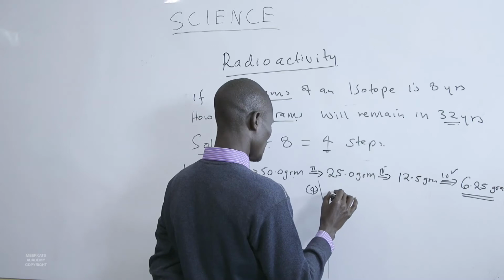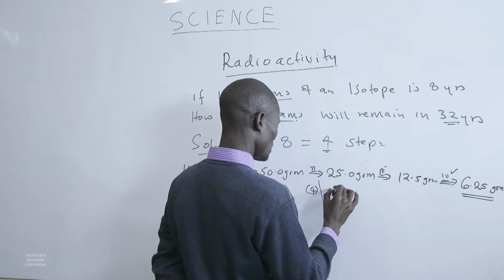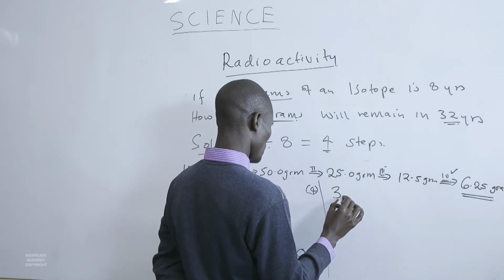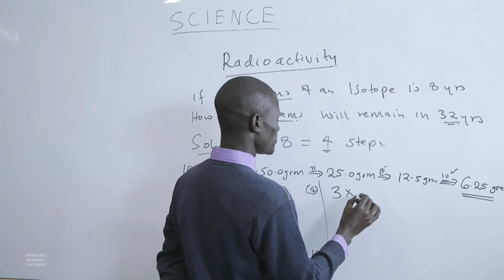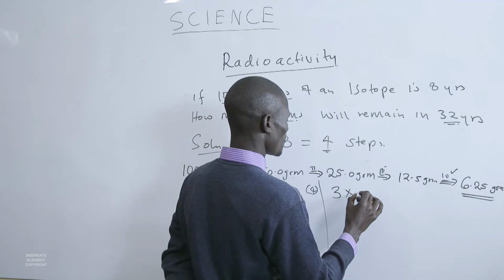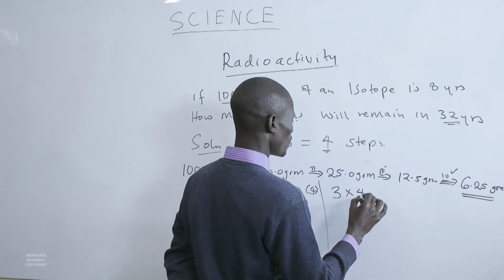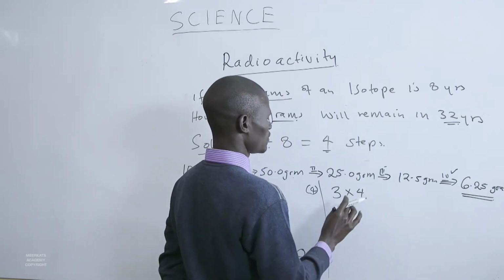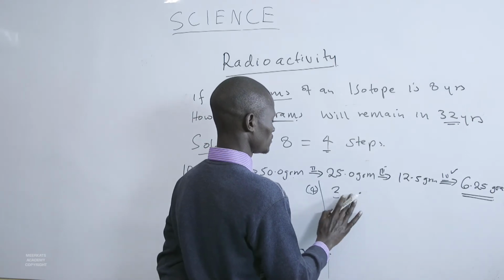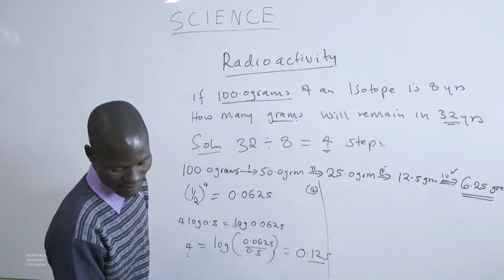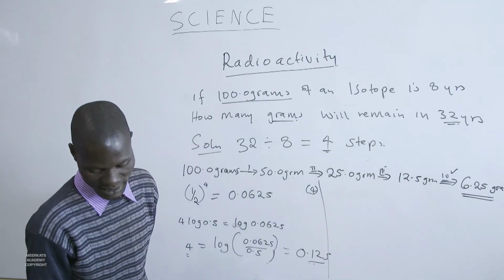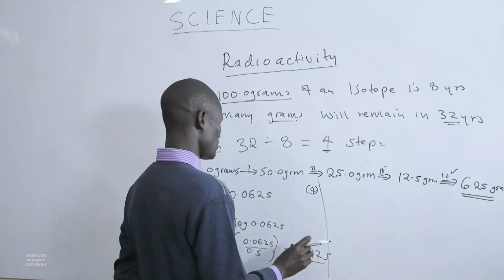Therefore, we'll have to take 3. This one is in the third category. We multiplied by 4, not 4 actually. This one 0.25 is found in the third category, that is, we have to divide it by 4.